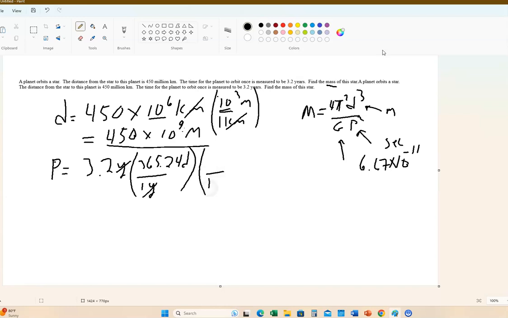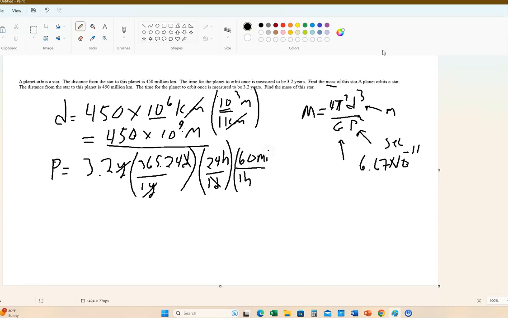We know that in 1 day, there are 24 hours. I'll use an H for hours. The days cancel. In 1 hour, we're putting 1 hour in the denominator, and that is 60 minutes.